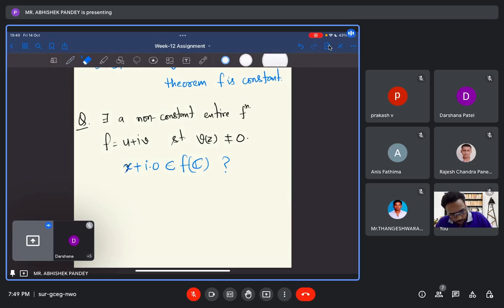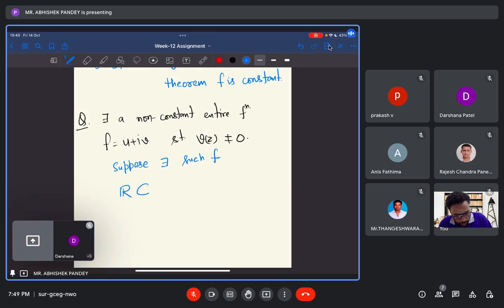I am saying that suppose there exists such an f. Then take any x belonging to the real line. Does x belong to f of C? This is my question.